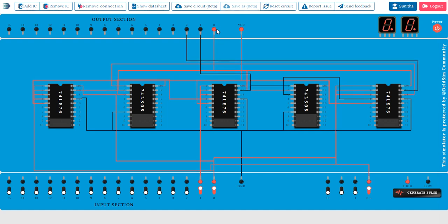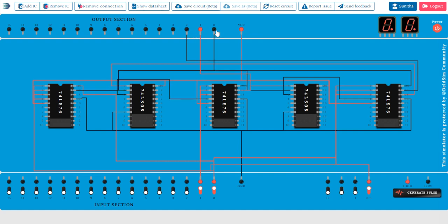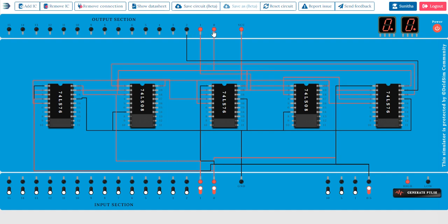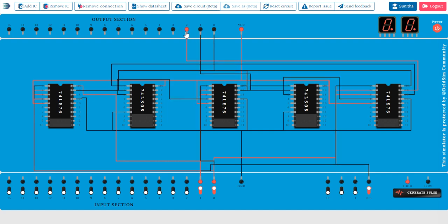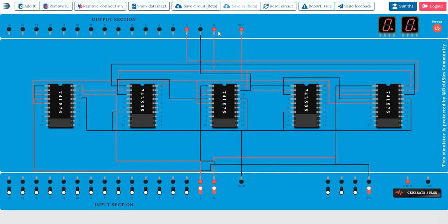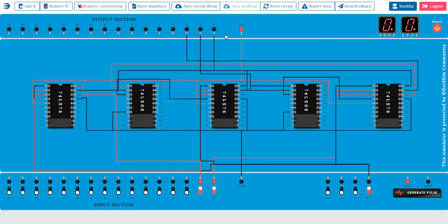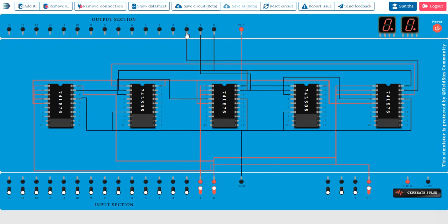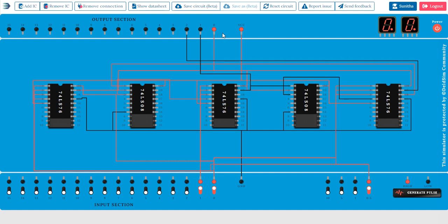You can observe that from the initial value 000 it changes to 001, next 010, next 011, next 100, next 101. After 101, it goes once again to 000. You can watch carefully.